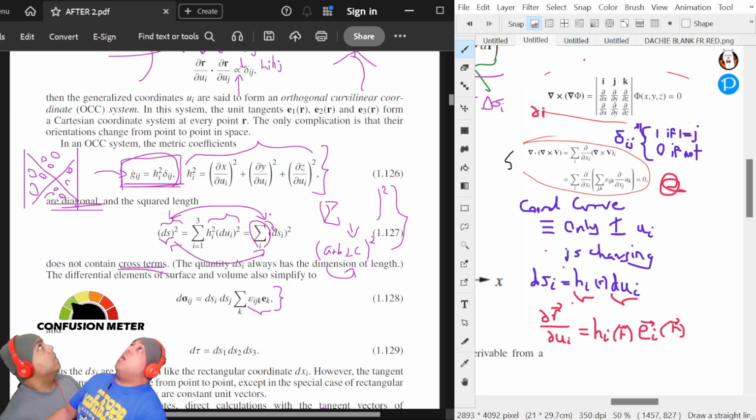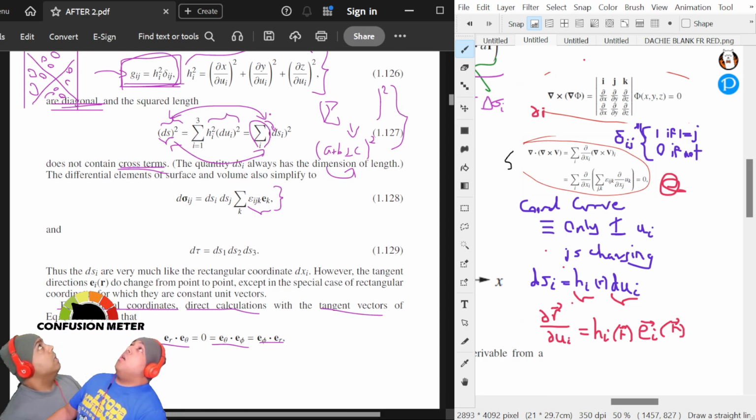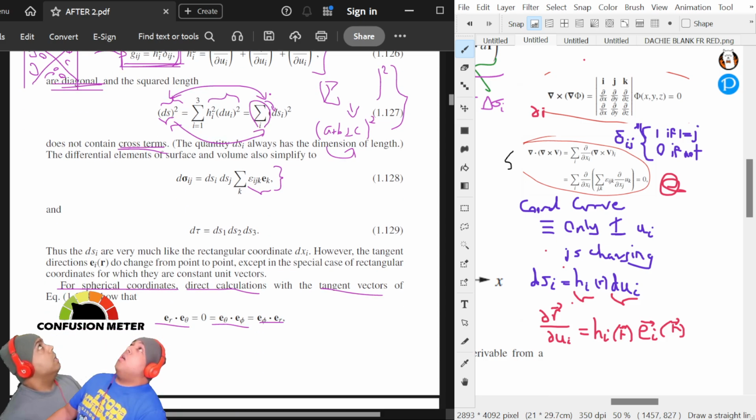The square length does not contain cross terms. The quantity dsi always has the dimension of length. The differential elements of surface and volume become dsi dsj, and d tau equals ds1 ds2 ds3.